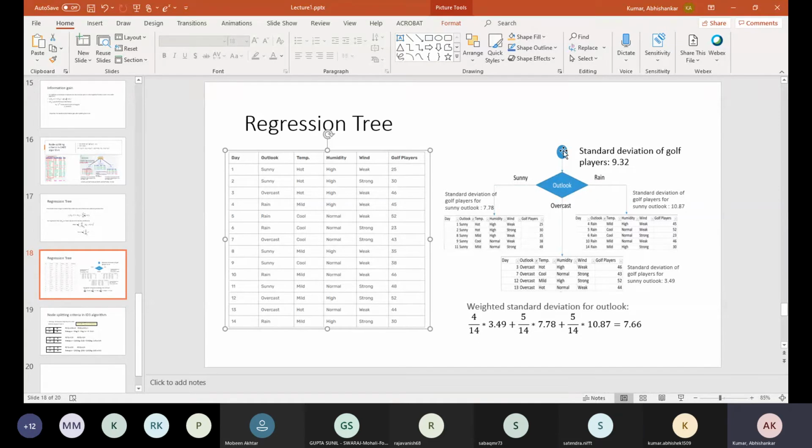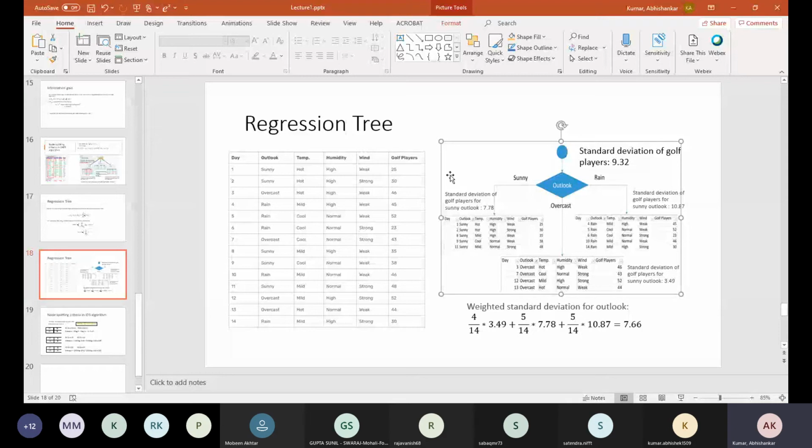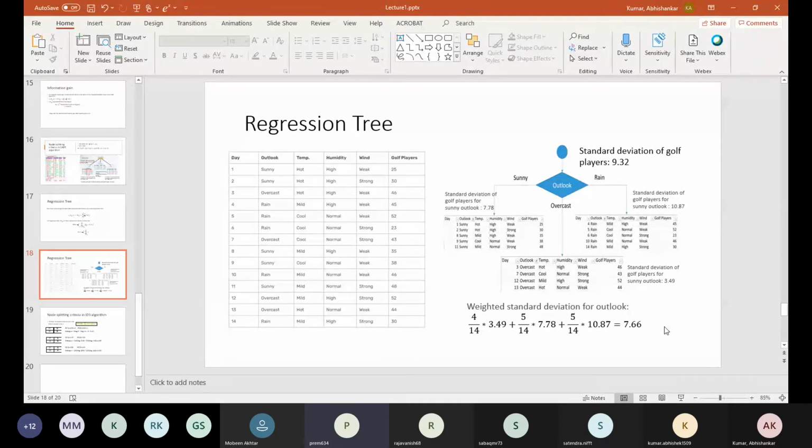We are at this node, and we want to see what standard deviation is present at this node. We have to take the average, and then x minus x_i and square.